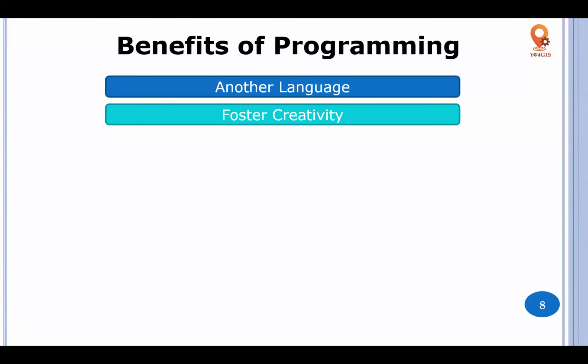Second thing is to foster creativity. This is a very, very important thing. If you know programming, then only you can get some creative ideas. If you don't know programming, then there is no idea. Why?